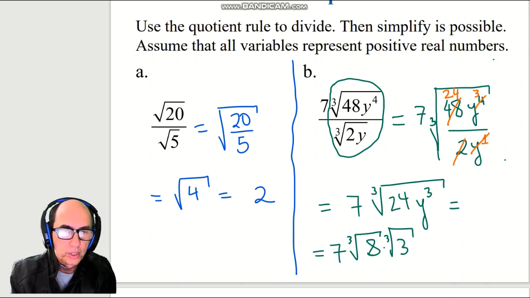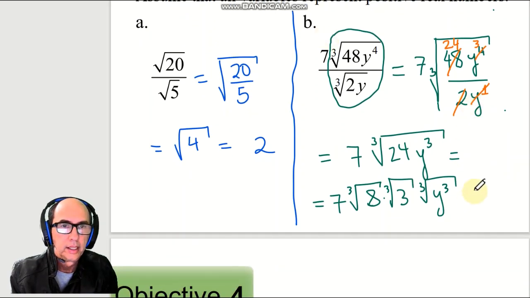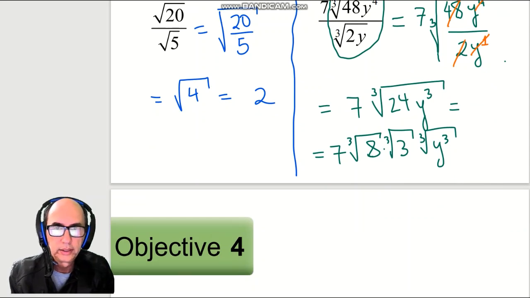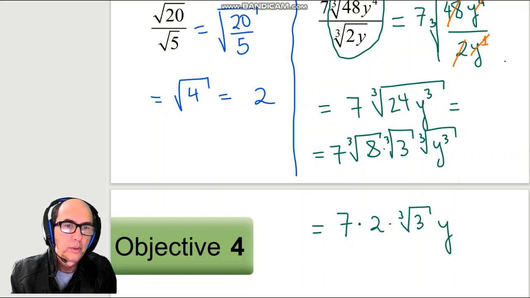Cube root of 3 and cube root of y cubed. Nice. And let's use this. Now we have 7 cube root of 8. 2 cube root of 3. No, we don't know, so keep it. And cube root of y3, y.